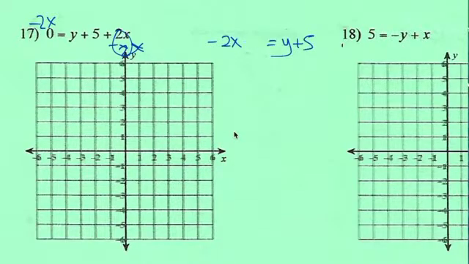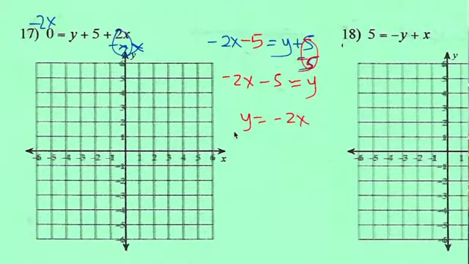Plus 0 you don't have to write. 0 plus anything is itself. You would minus 5. Therefore, you minus 5 here, you need a minus 5 there. 0 there, and you can't combine these, so it's negative 2x minus 5 equals y, or y equals negative 2x minus 5, whichever way you want to write it.